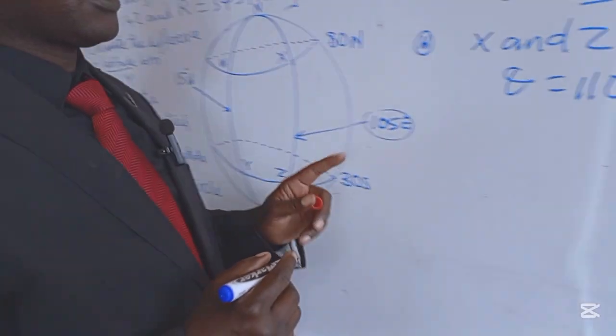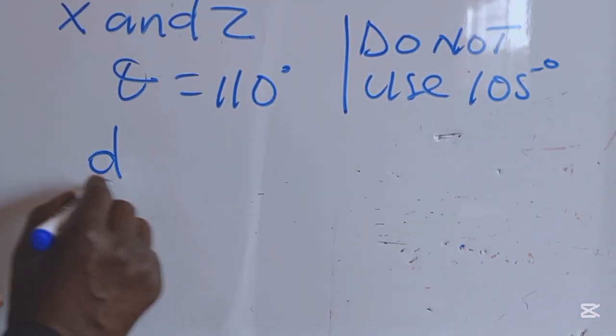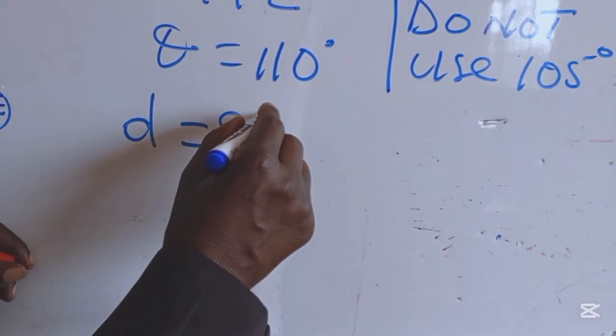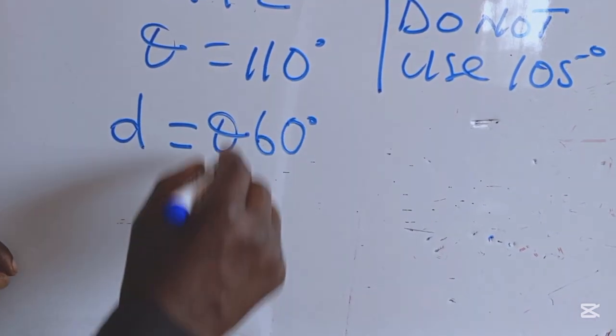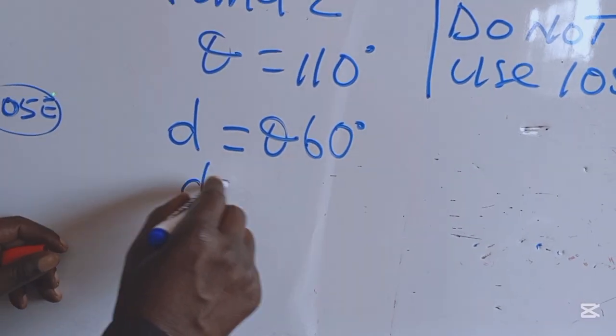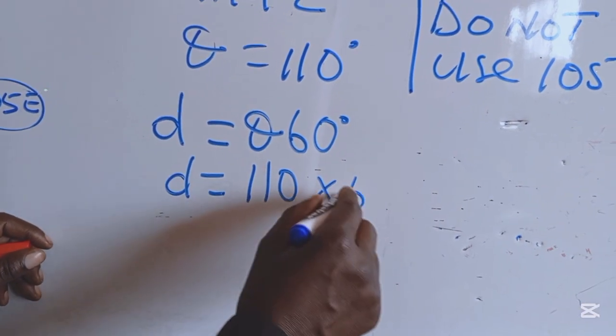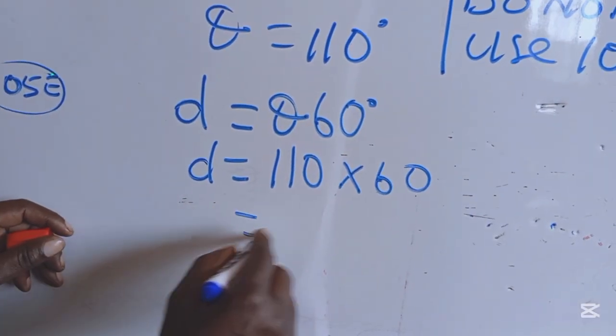So how do we find the distance in nautical miles? So distance is equal to, be careful, just theta times 60. This is along the longitude. You agree with me that distance is equal to 110 multiplied by 60, and of course there are 2 zeros.